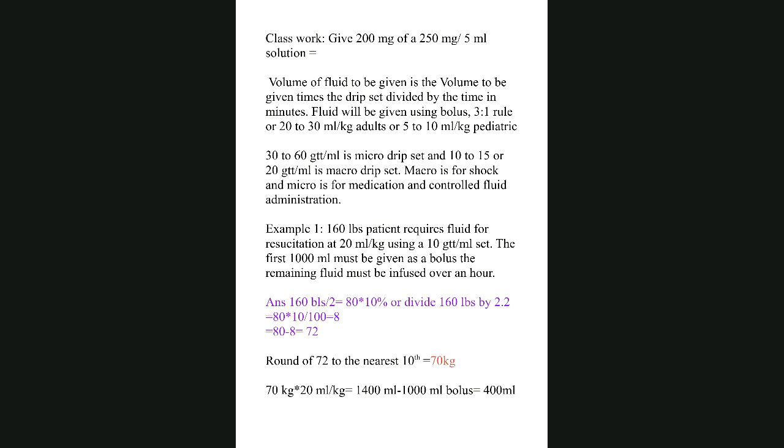And you would end up with 66.6 drops per minute, right? Which would work out to 1 drop per second. And that is your example. Any questions? No question? All right.